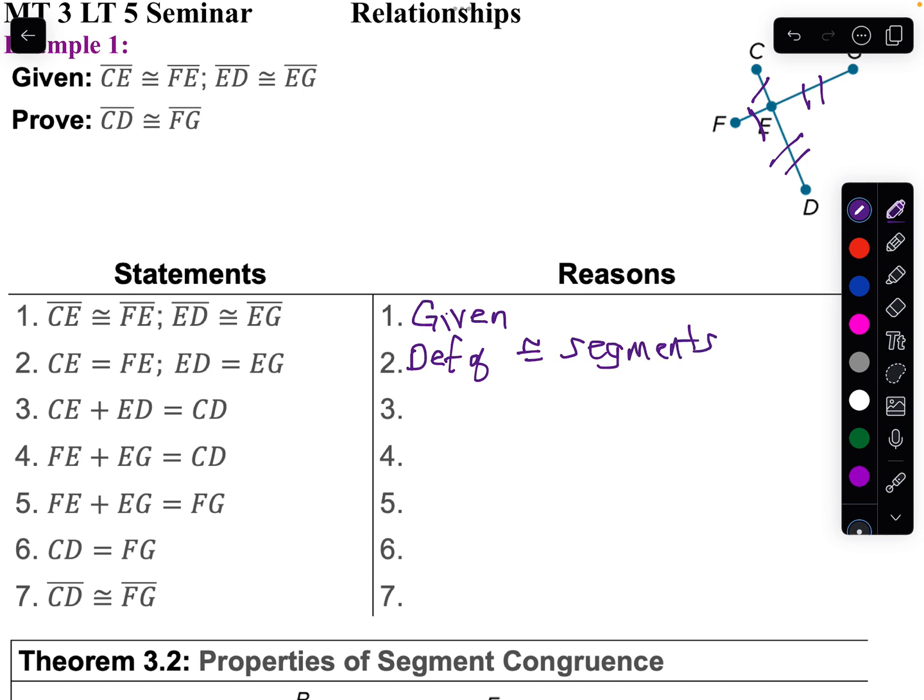Now we're going to do what we just learned today. That is CE plus ED equals CD. So that's our segment addition postulate.